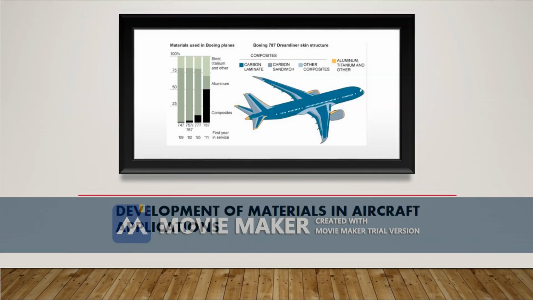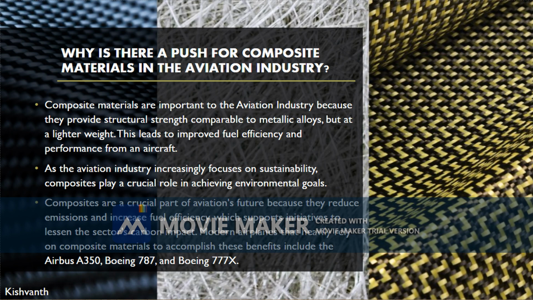So now we'll see the development of materials in aircraft applications. Why is there a push for composite materials in the aviation industry? Well, composite materials are important to the aviation industry because they provide structural strength comparable to metallic alloys but at a lighter weight. This leads to improved fuel efficiency and performance from the aircraft.